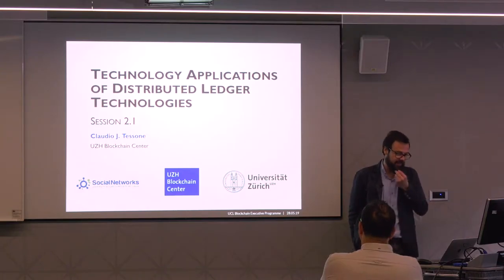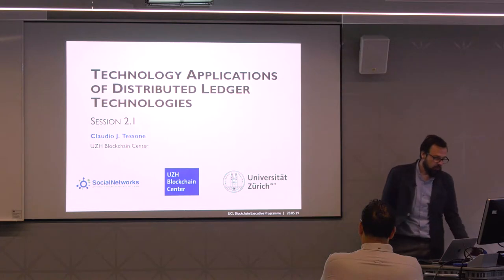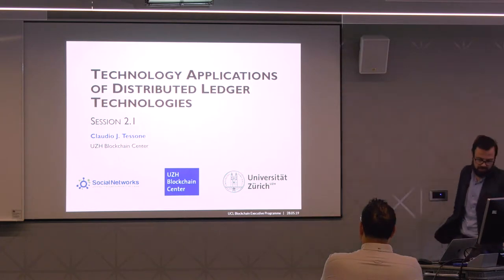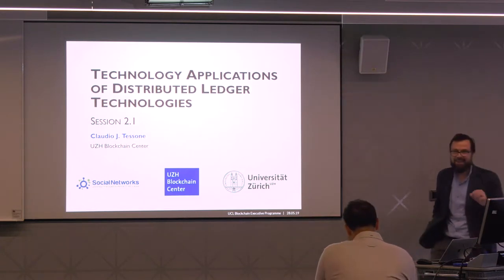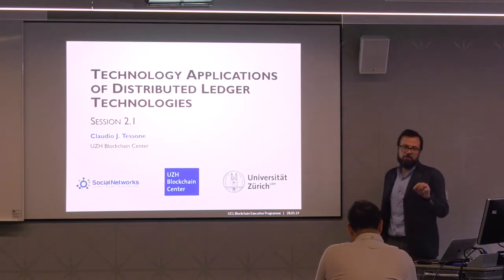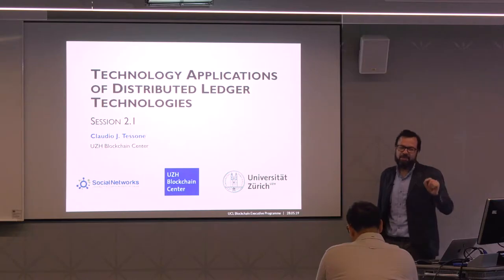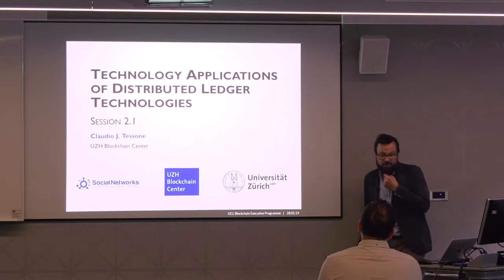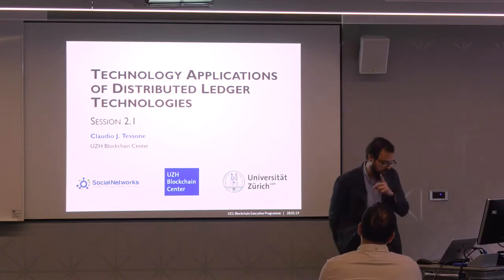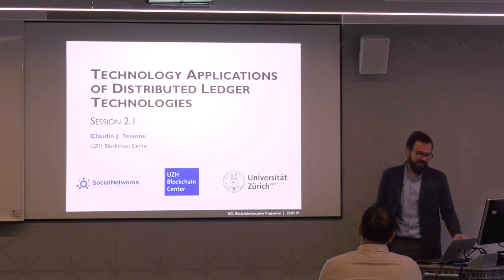I'm not going to go too much into technical details, but I would like to focus more on the implications of some of the design principles that exist around cryptocurrencies and blockchains in general, as we are going to see during today's session.